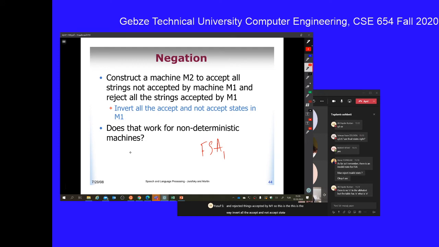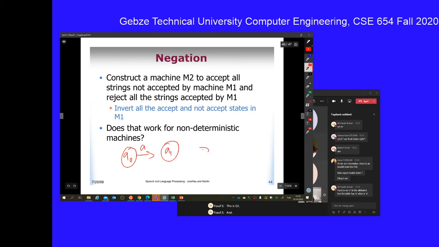So let's say this is Q0, the start state. A, this is Q1, and B, and this is my Q2. Let's say this is our final state.